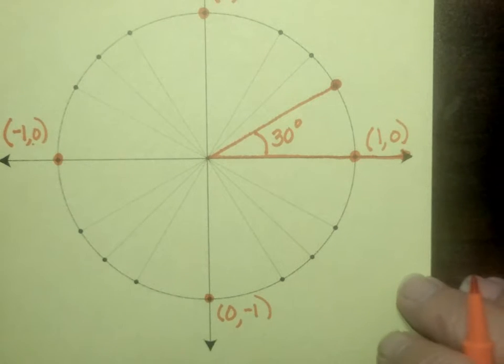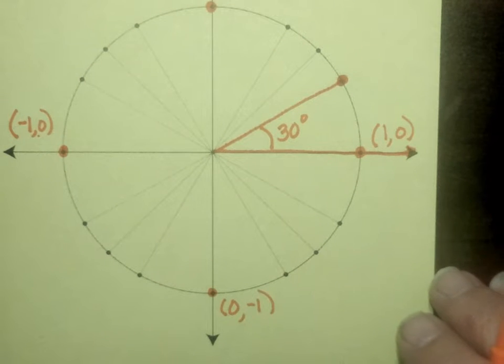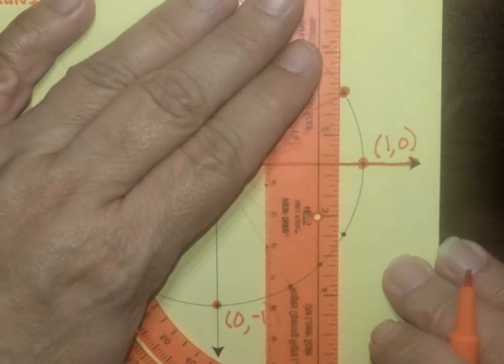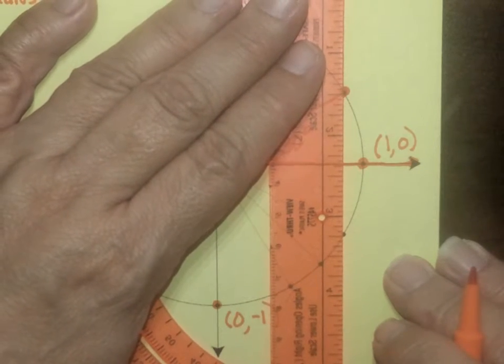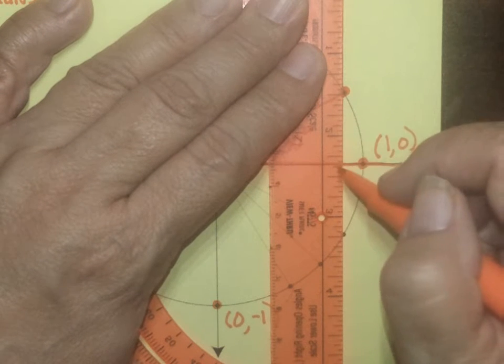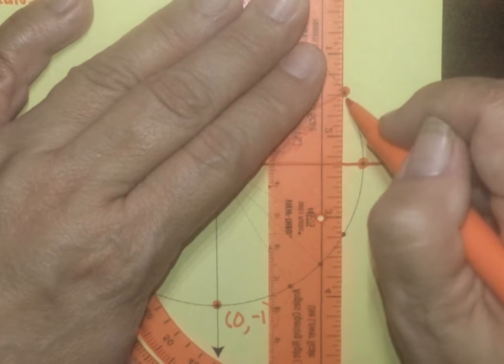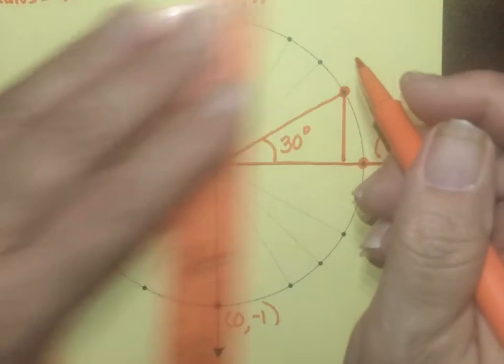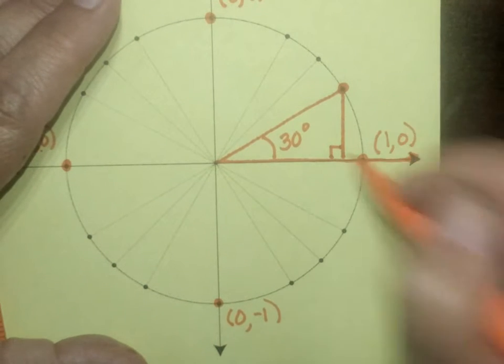The way I'm going to do that is create a right triangle. So take your protractor, and remember that a right angle happens when you have 2 lines that are perpendicular. So if we drop this straight down, we will form a 90-degree angle.